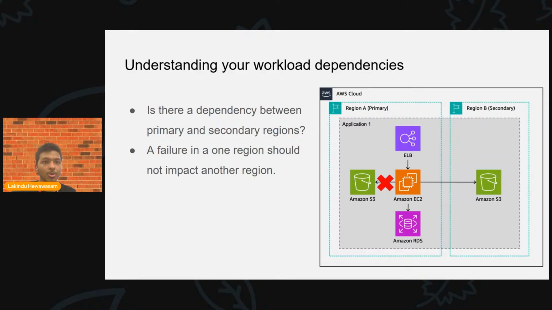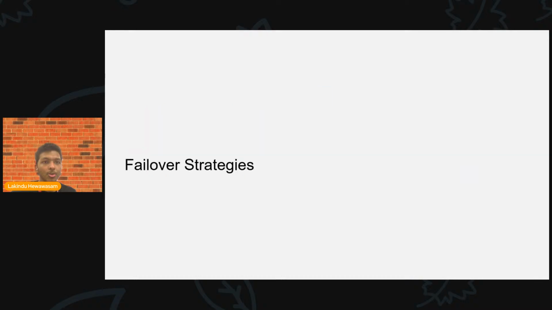So you have to always consider the fact that if US East 1 goes down by chance and SES or S3 is affected, my application will not be usable. So one best practice is you have to make sure that a failure in one region does not impact another region. So make sure you don't have region related dependencies.